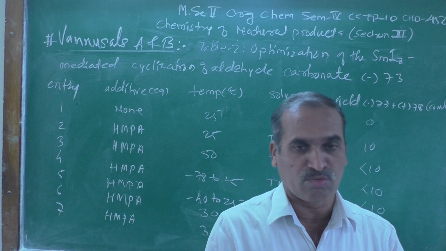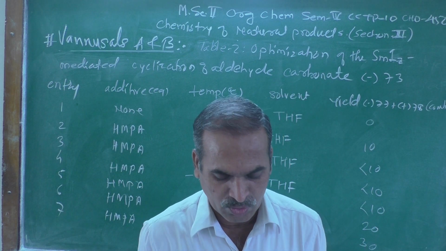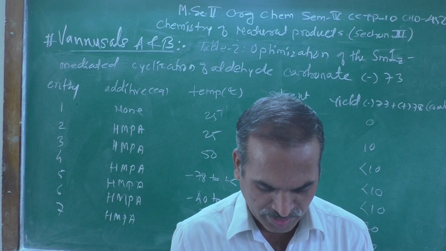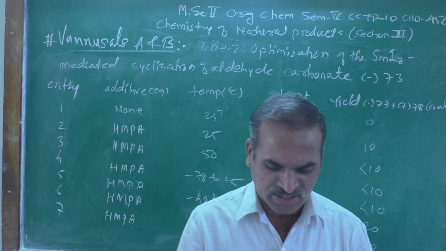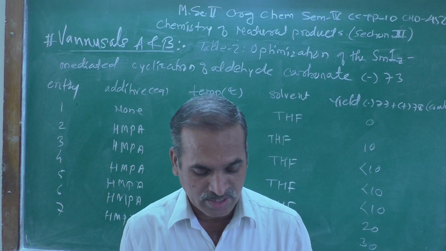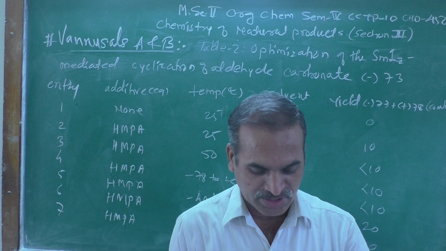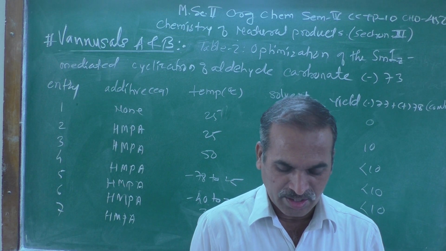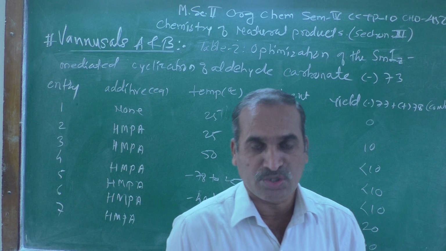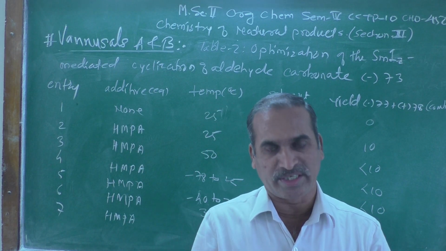These reactions were run on 0.01 to 1.0 millimole scale using 5.0 equivalents of SmI2, 0.1 molar in THF, tetrahydrofuran, with yield estimated by H1 NMR spectroscopic analysis, or isolated yield.